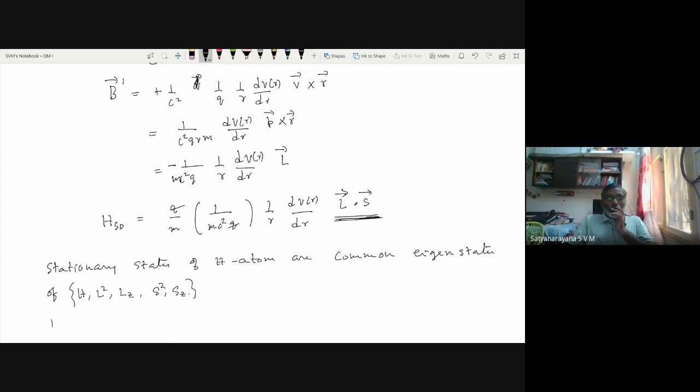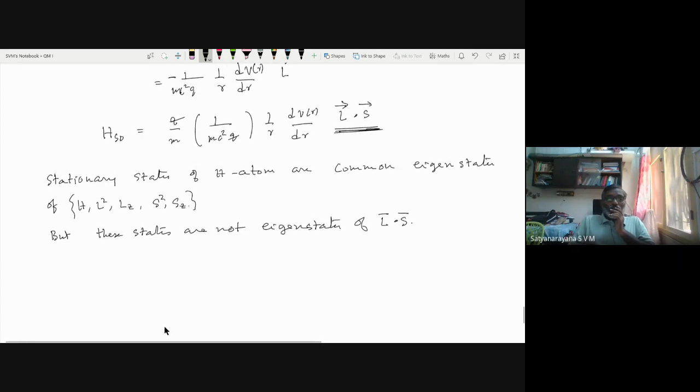Okay, but these states are not eigenstates of L dot S operator. These are not eigenstates of L dot S operator. So what do you do for that?